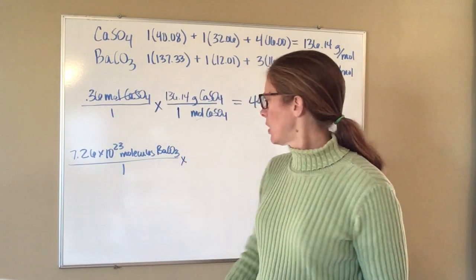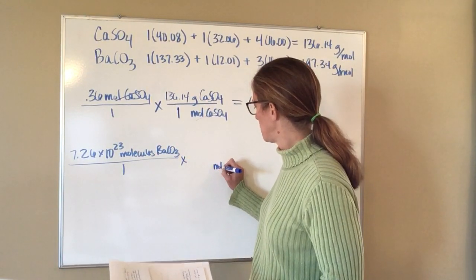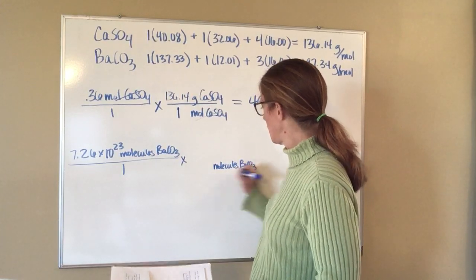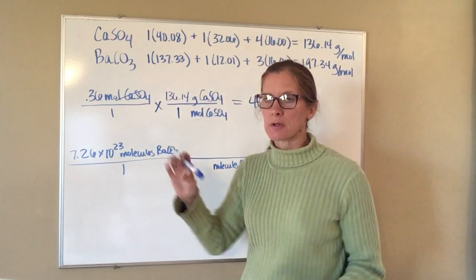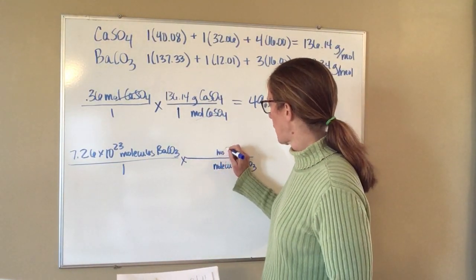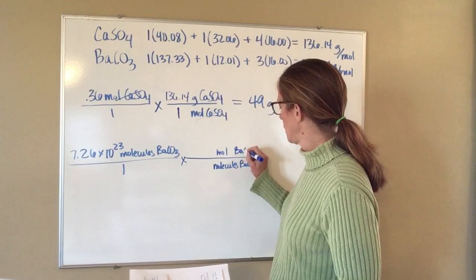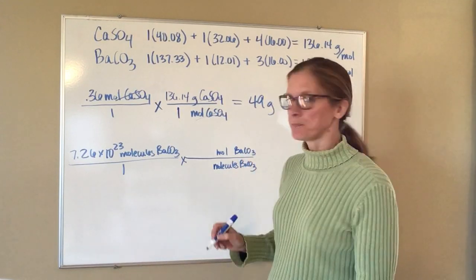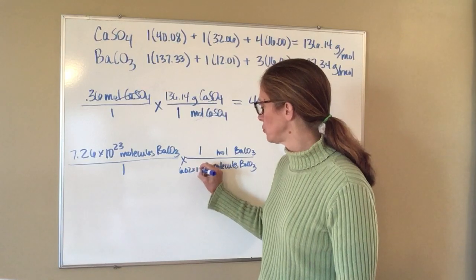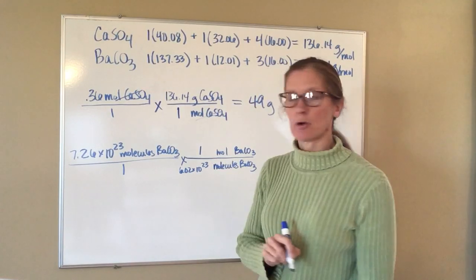Okay, so I need to go from molecules of barium carbonate, and the conversion factor you're always going to switch is molecules to moles. So I'm going to put moles of barium carbonate on the top. In 1 mole, you always have 6.02 times 10 to the 23rd molecules.